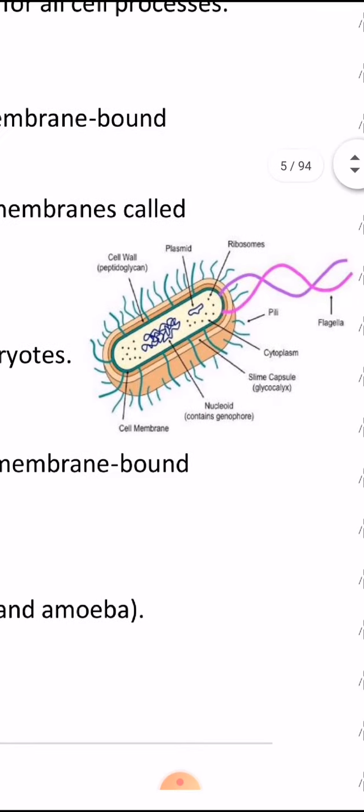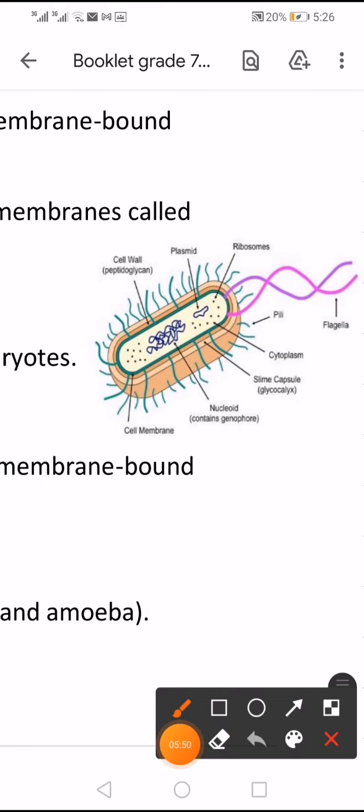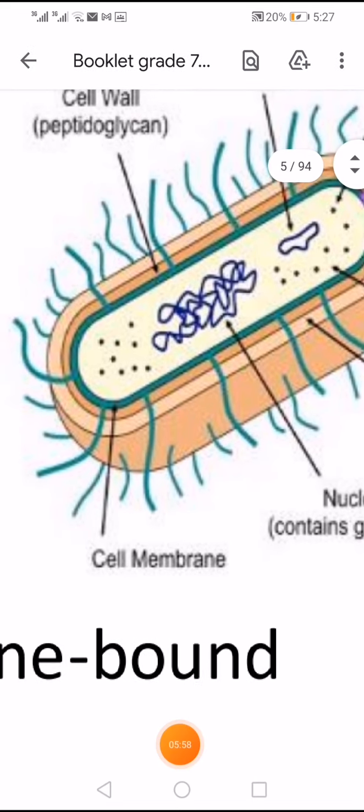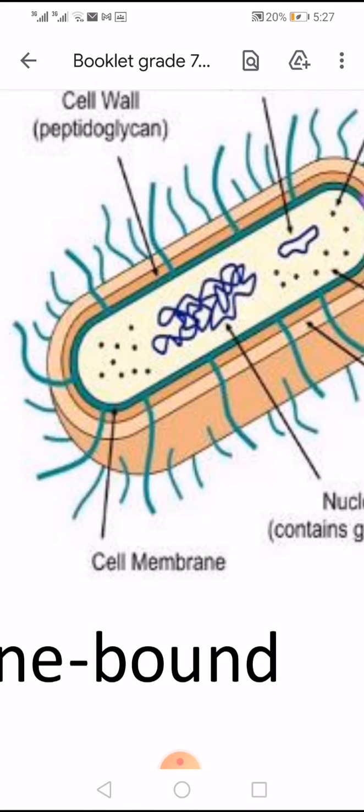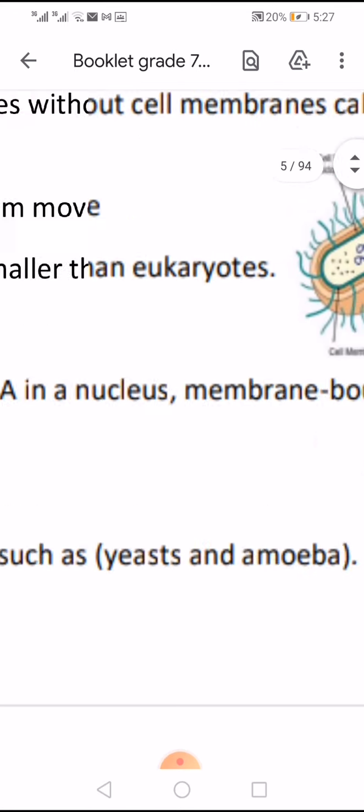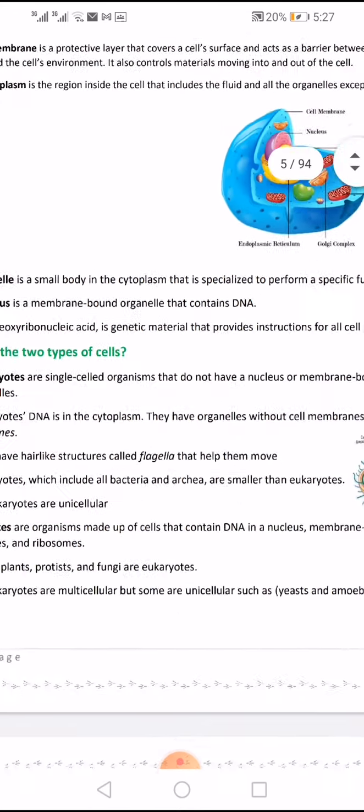Look, this is an example of a prokaryote cell, and its DNA is present in the cytoplasm, not in a nucleus. The yellow color here is the cytoplasm, and the blue is the DNA, present directly in the cytoplasm, as a prokaryote cell does not have a nucleus.